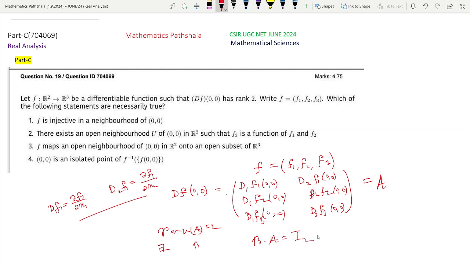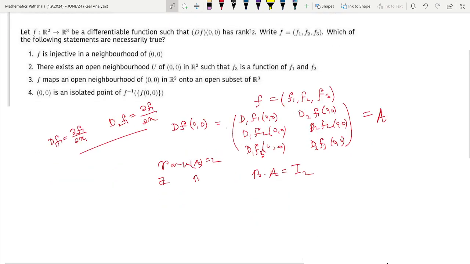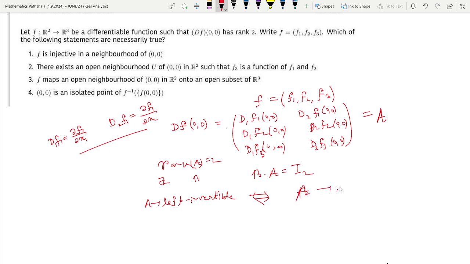By definition, A is left invertible, and that means this A is injective.